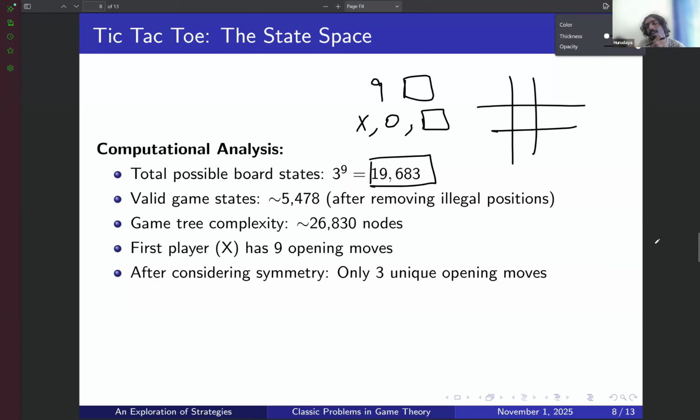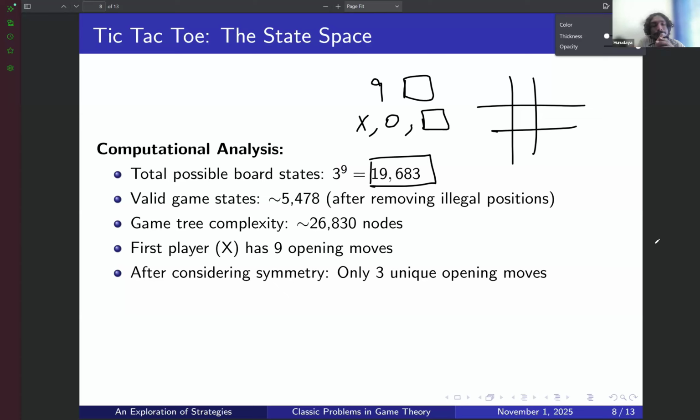Whoever goes first, there'll be 5 of that, and there'll be 4 of the other one, right? Assuming the game doesn't end early. So the total number of valid game states we have is actually 5,500-ish. Again, these are just approximate numbers. They aren't exact. Don't quote me on them.